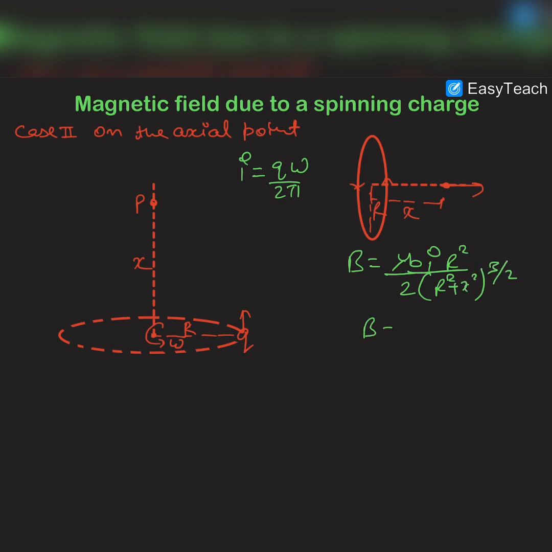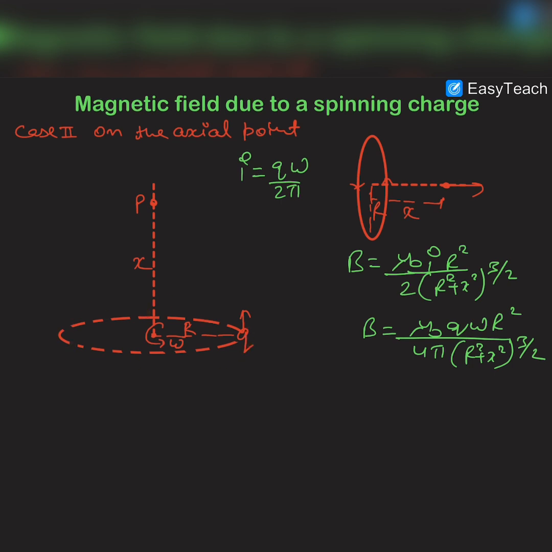If we substitute the value of I as q omega by 2 pi, it would be mu naught q omega r square by 4 pi (r square plus x square) to the power 3 by 2. This will be the magnetic field at the point P, if we consider it as a current carrying loop.